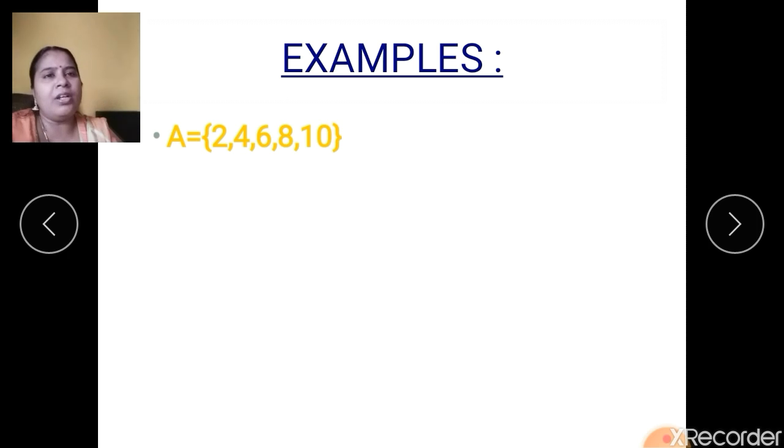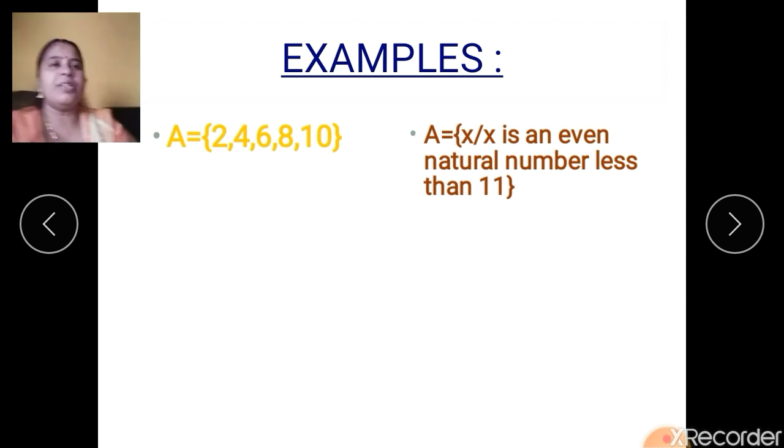In the set builder method, I have to define it with a property. Now look at these numbers: 2, 4, 6, 8, 10. Which type of numbers are these? These are even numbers. But even numbers go till infinity, and here they have restricted it only till 10. So see how it can be written in set builder form. A is equal to, this is read as, the set of all x such that, this vertical line means such that, x is an even number.